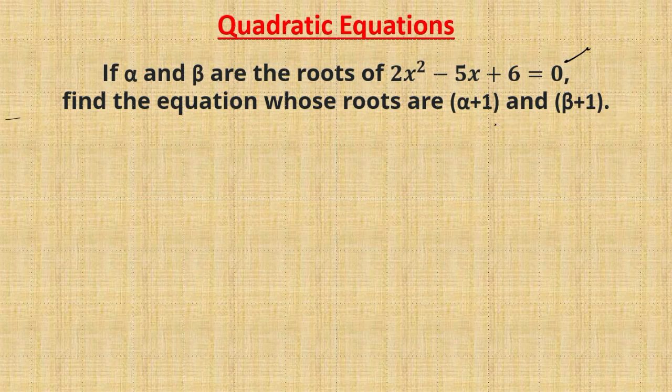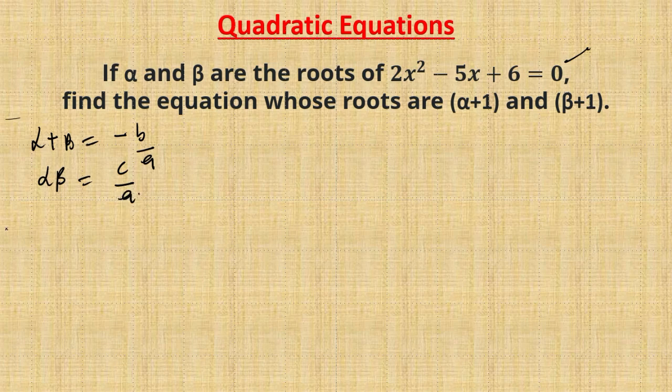Now this is quite simple, but we have to understand some basics. Number one, for roots of any quadratic equation, we know that alpha plus beta is the same thing as minus b over a. Two, we also know that alpha beta is the same thing as c over a.